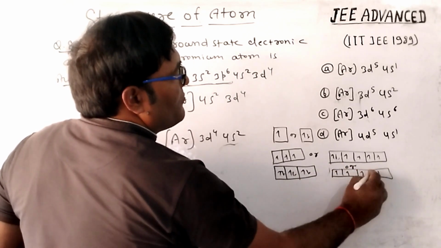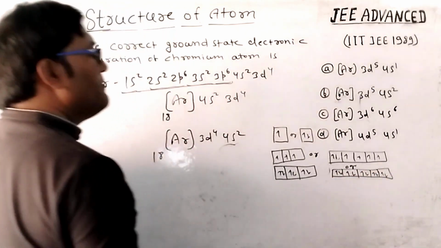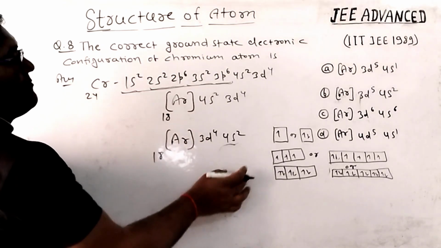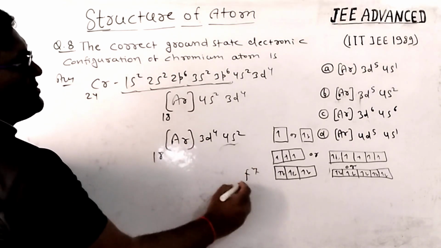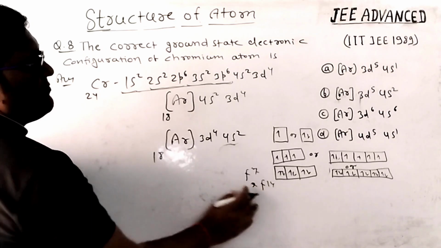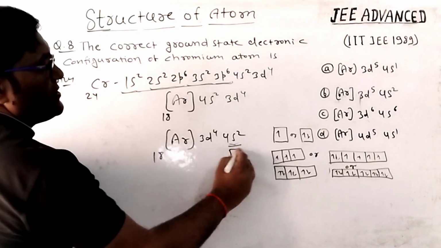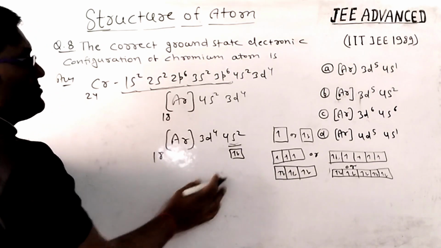1, 2, 3, 4, 5, 6, 7, 8, 9, 10. Now in case of f, it is also stable in f7 configuration and f14 configuration. So the last shell is stable due to presence of paired electrons in s2.